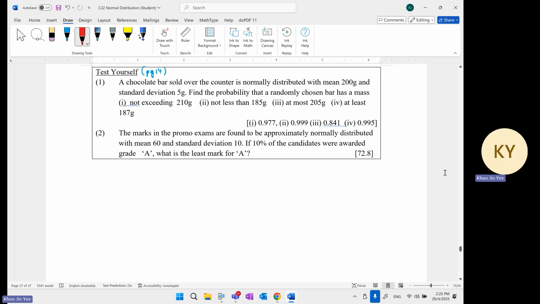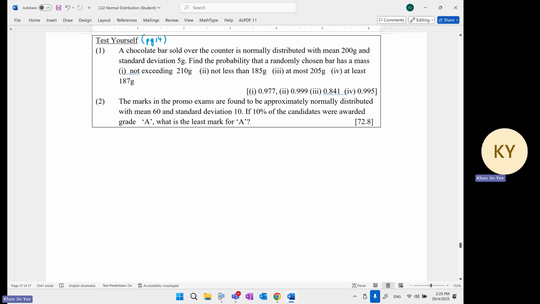Question 1. A chocolate bar sold over the counter is normally distributed with mean 200 grams and standard deviation 5 grams. So defining our variable, I'm going to let x be the mass of a chocolate bar.